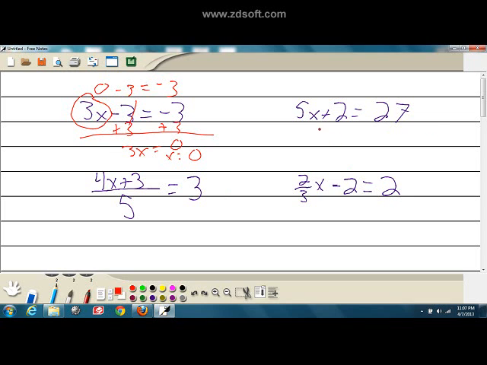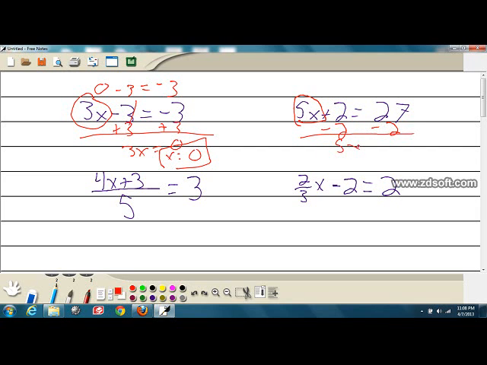Alright, next one. So hopefully you got x is equal to 0. 5x plus 2 is equal to 27. Again, the first thing we are doing is multiplying by 5, and then we are adding 2. So we need to get rid of the 2. What is the opposite of addition? Subtraction. So you subtract 2 from both sides.